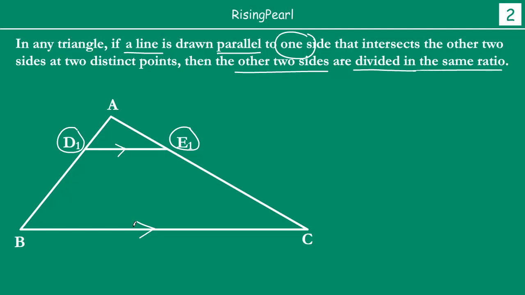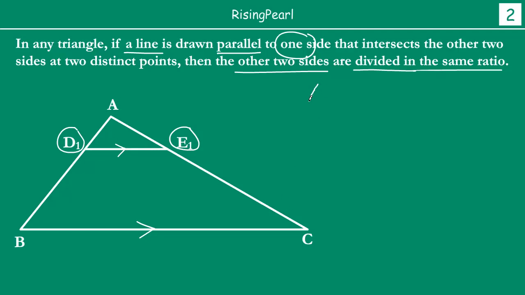So this is the side BC to which D1, E1 is parallel. The other two sides are AB and AC. What it is telling us is that this point D1 and this point E1 divide the sides AB and AC in the same ratio.